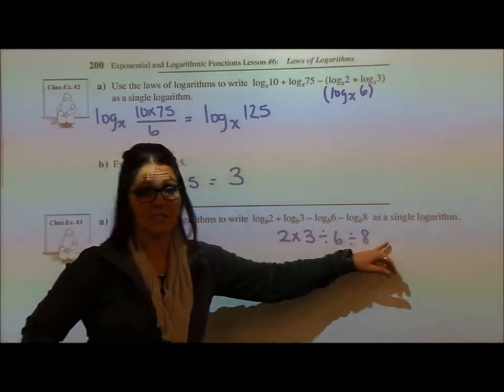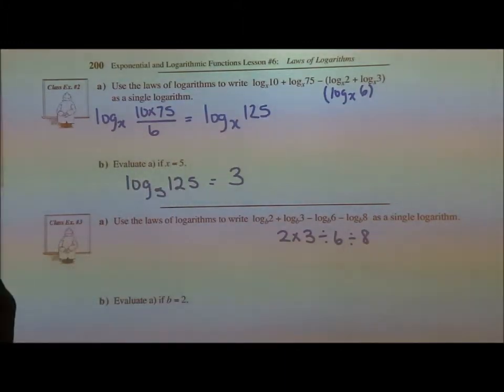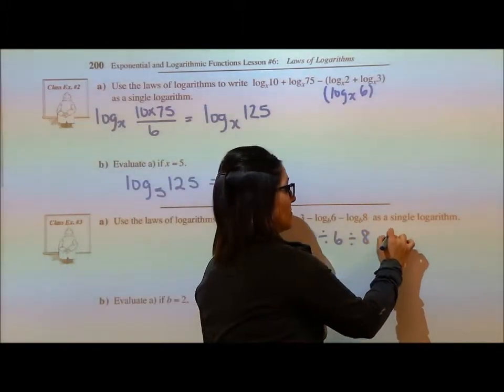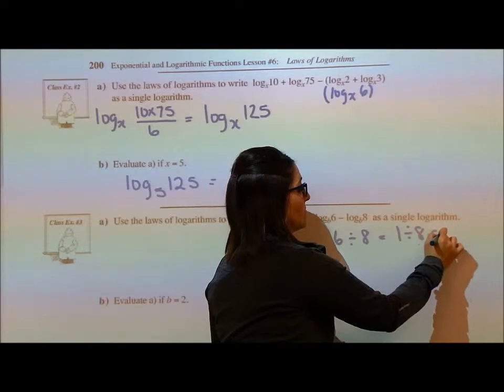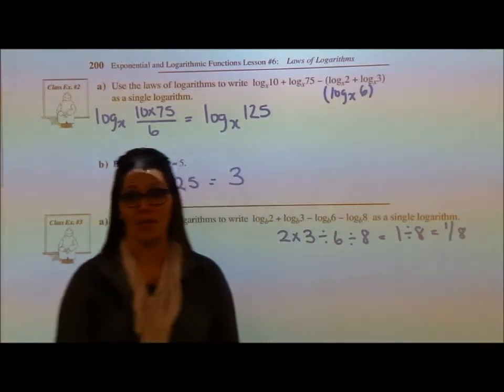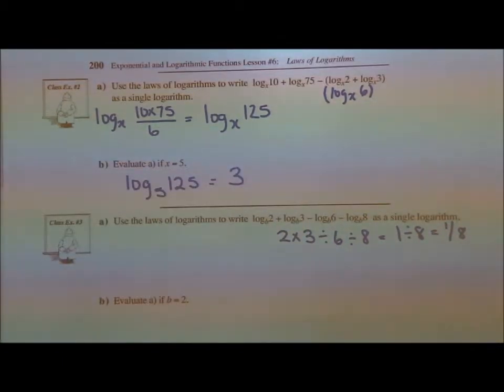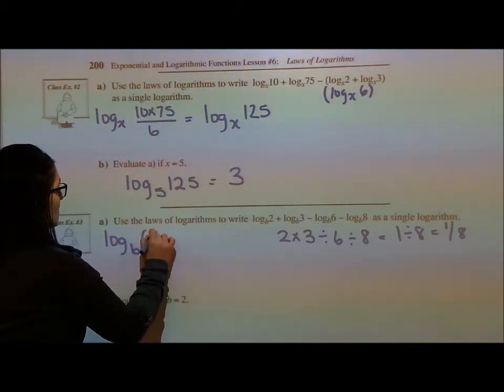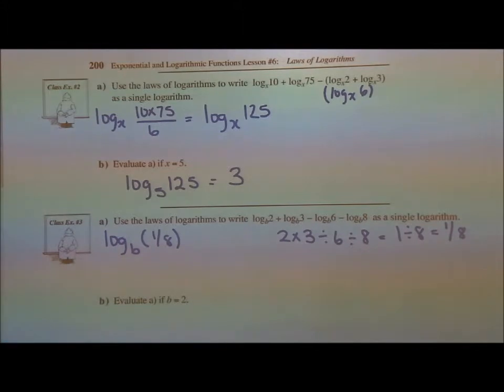Or maybe it doesn't. 2 times 3 is? 6 divided by 6 is? And then I end up with 1 divided by 8, or 1/8. So now this becomes log base B of 1/8.